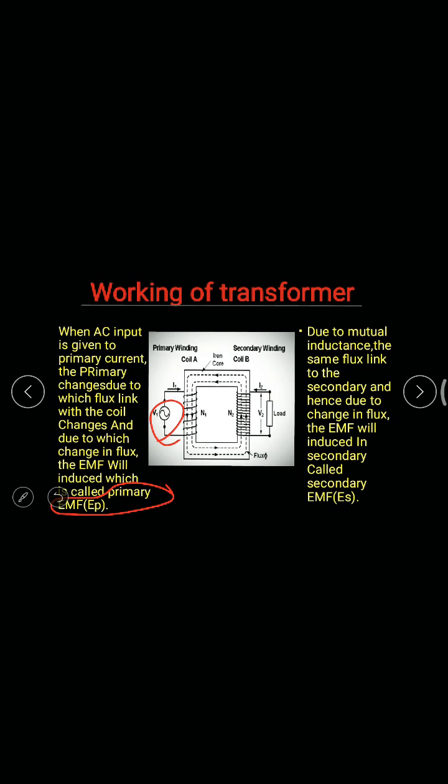Now, due to the mutual inductance and the same flux linked with this secondary winding, the change in magnetic flux will be coming here also, and hence the electromotive force will be induced, and secondary EMF is denoted by ES.